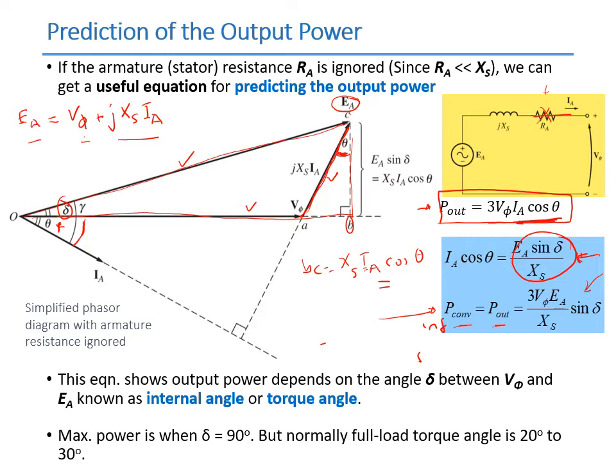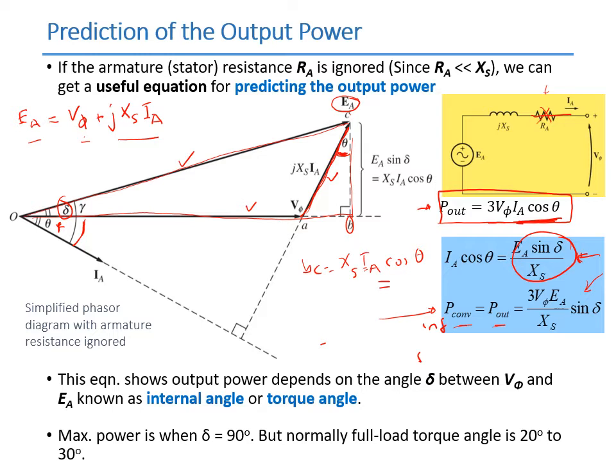So this is a very useful equation if you want to predict the output power, and we can get it by measuring the electrical quantities in this equation. This equation shows that output power depends on the angle delta between V pi and EA, and this angle delta is also known as the torque angle.